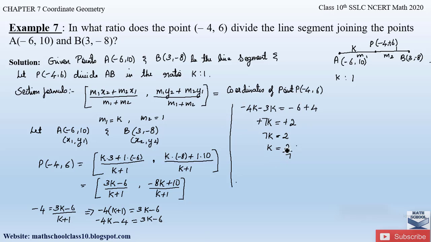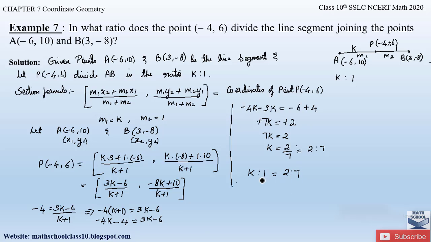Therefore, this 2 by 7 which is in the fraction form can be written as 2:7 in ratio form. I think this you already know. Since we had assumed earlier ratio to be k:1, this k:1 is equal to 2:7.